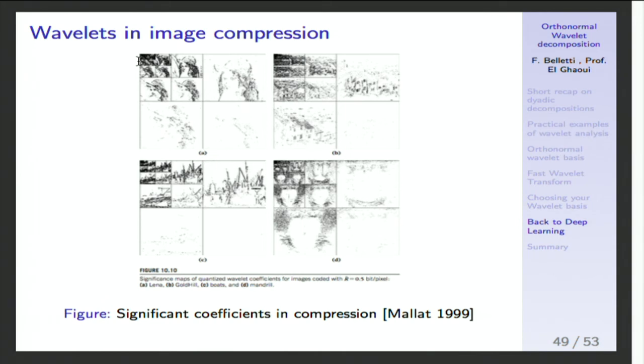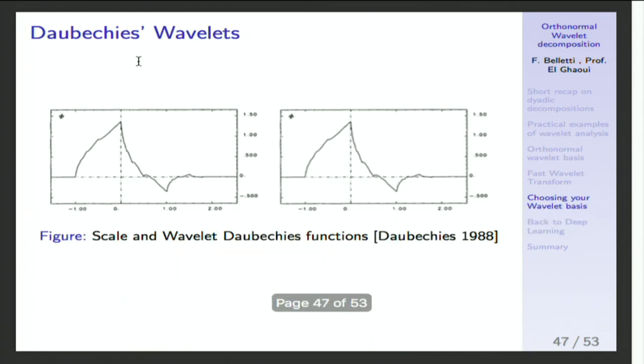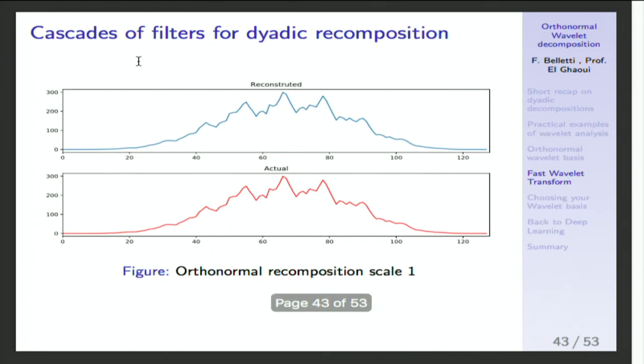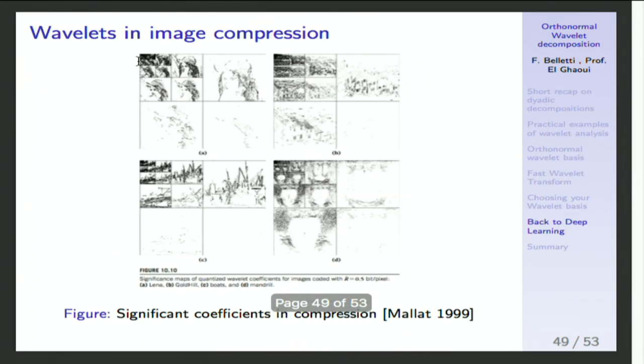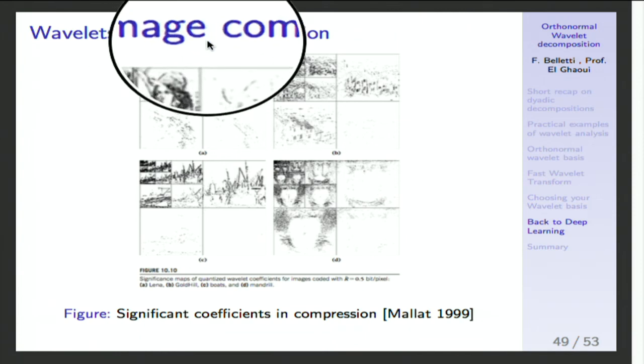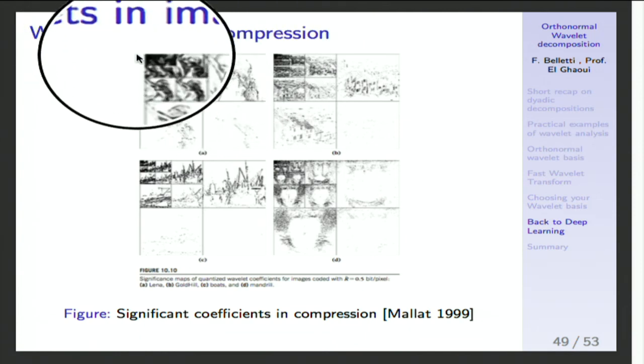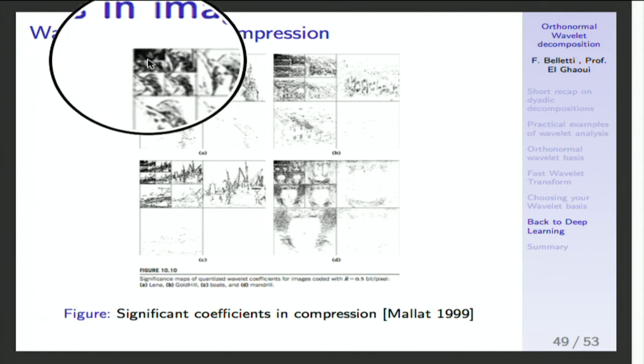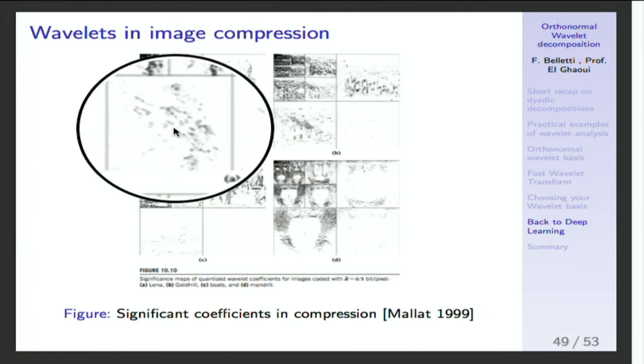In 1D we had this picture here, so I have fewer pixels to describe my time series. In 2D, you could in fact just shrink the image, and you can use these dyadic trees to represent at the same time the coarsest level of description of the image and then the finest levels.